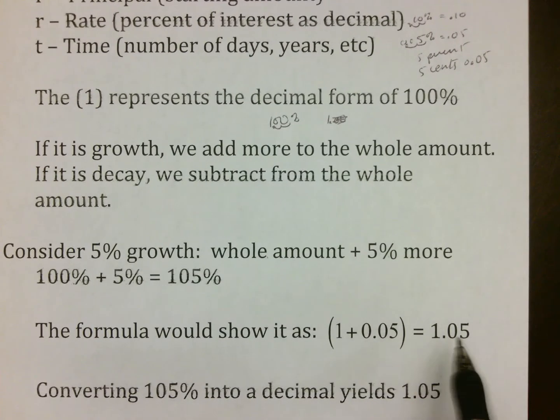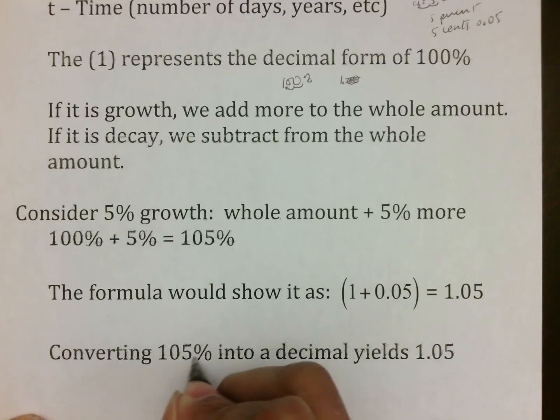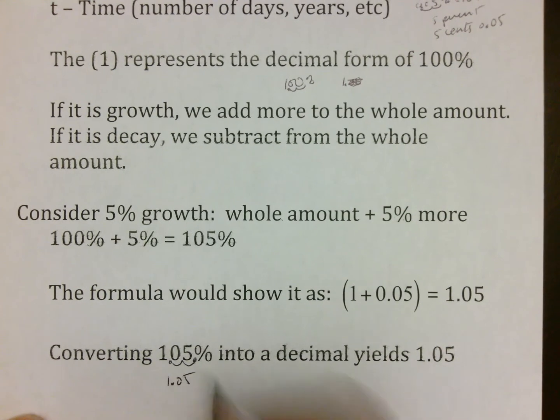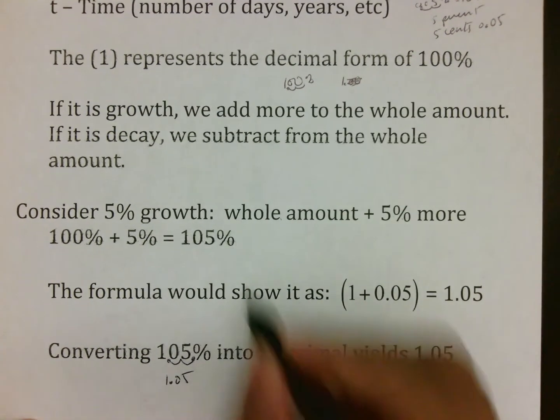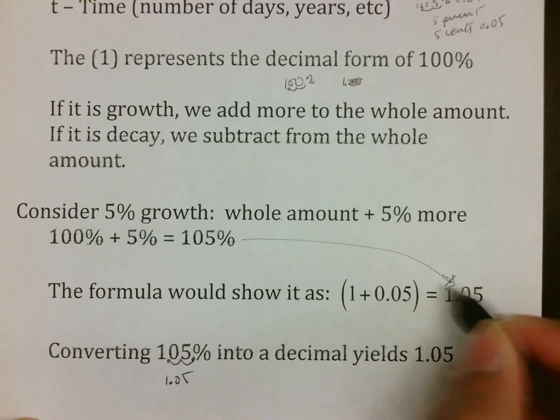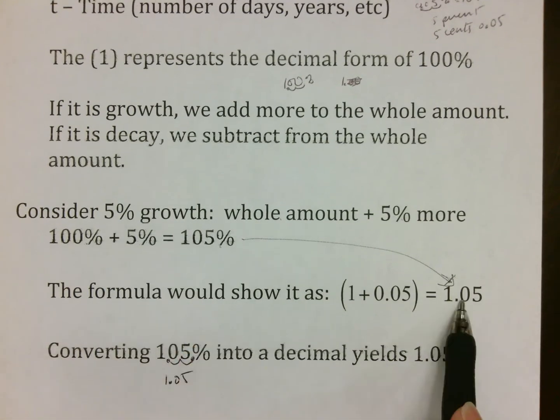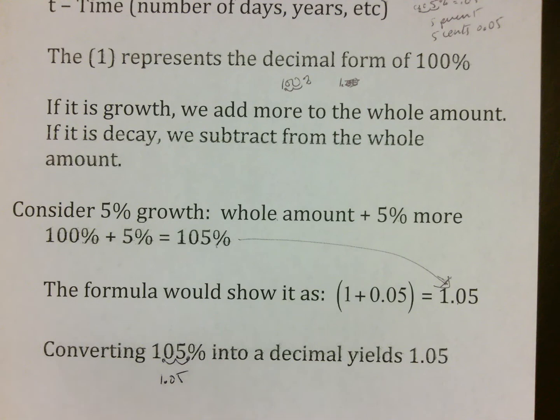If you take this percentage and convert it into a decimal, notice that if the decimal's here and you move it back 2 spots, you end up with 1.05, which is exactly where this and that agree. So that is your percent version. This is your formula version, because remember, you have to have R written as a decimal.